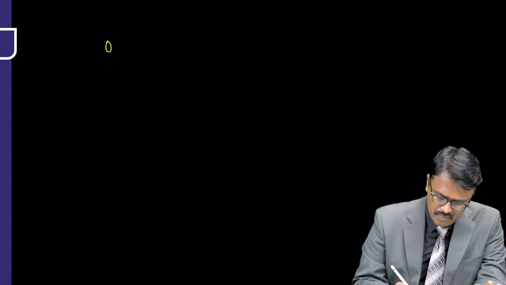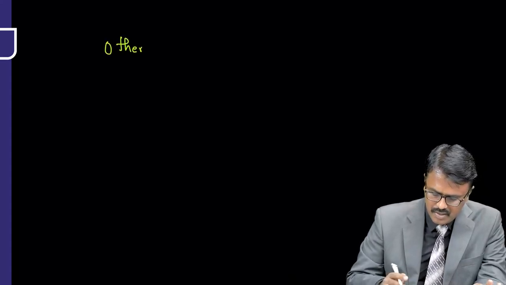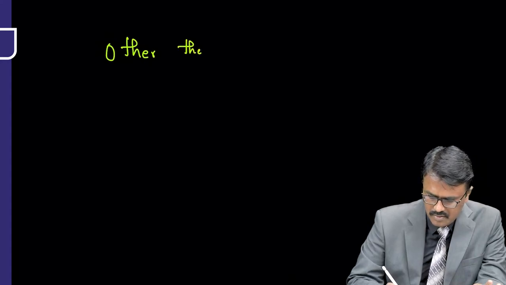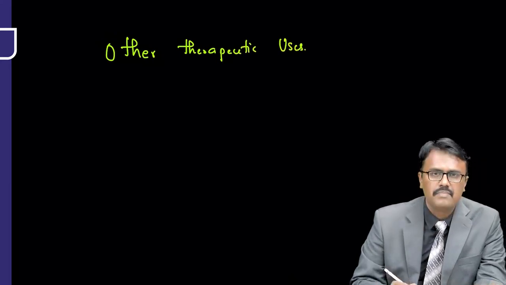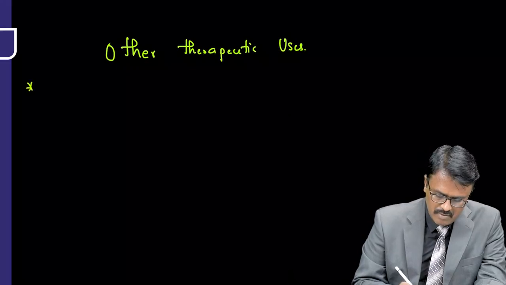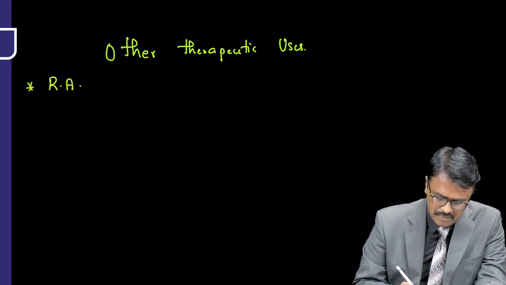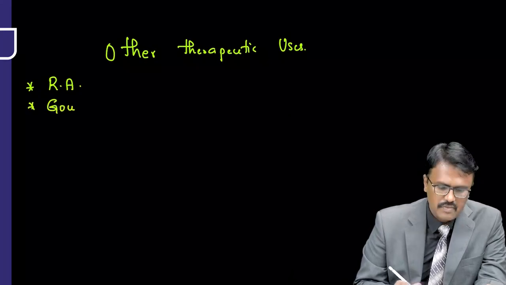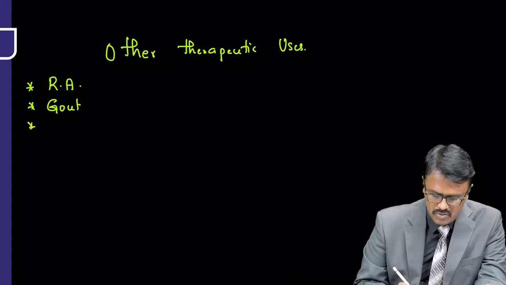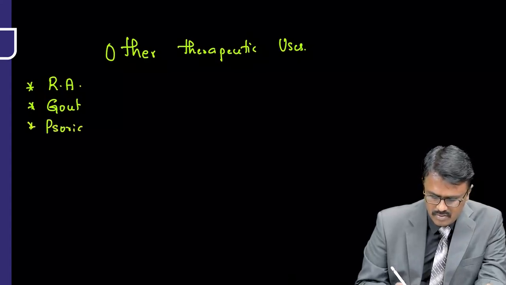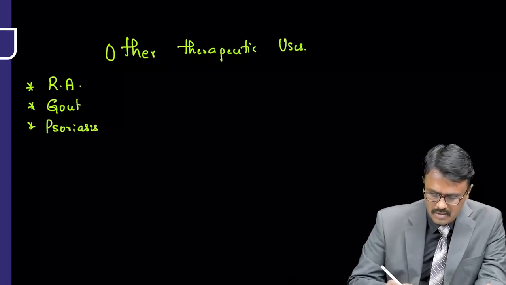So until now, I discussed all the uses of steroids: diagnostic, then replacement, then pregnancy. What are the other therapeutic uses? Let me summarize them. Because it has anti-inflammatory property, we use it in rheumatoid arthritis, gout, and psoriasis, and it also decreases allergy.